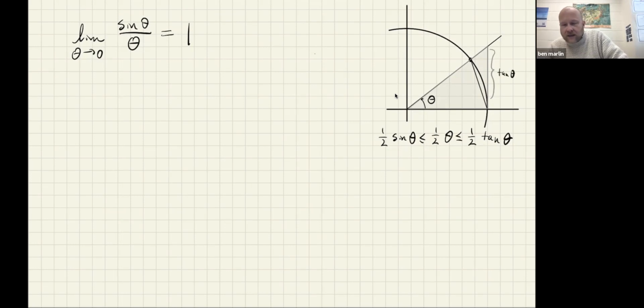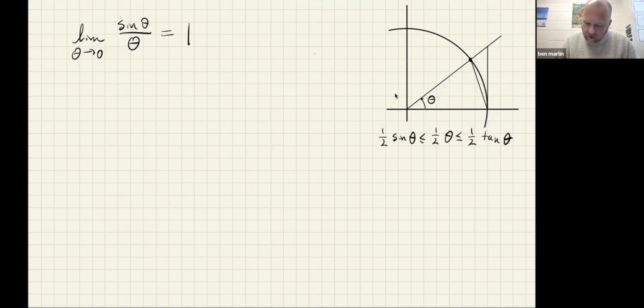The reason for that is because of similar triangles, that you would take this smaller triangle that had the height being sine theta, and you would divide by cosine theta and end up with that there, okay? But in any case, we end up with the inequality going across like that, right?